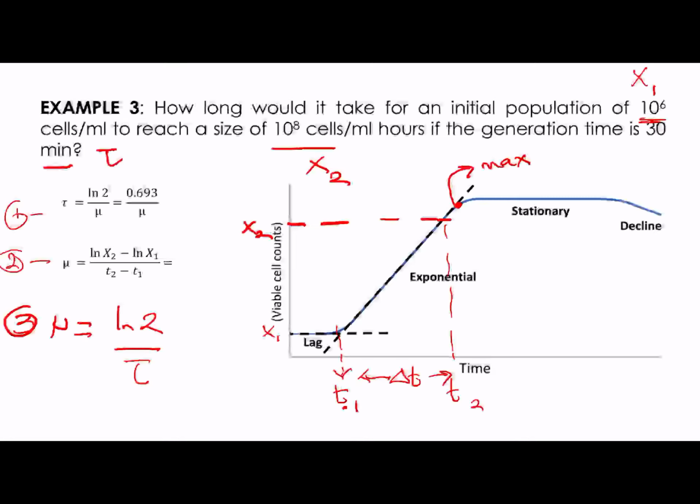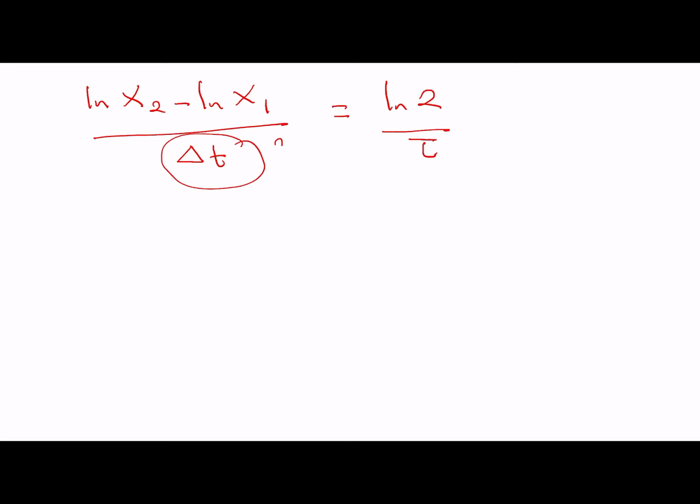Then we have ln x2 minus ln x1 over change in time equals ln 2 over tau. Since it's change in t that we are looking for, you can try and make it the subject of the formula.